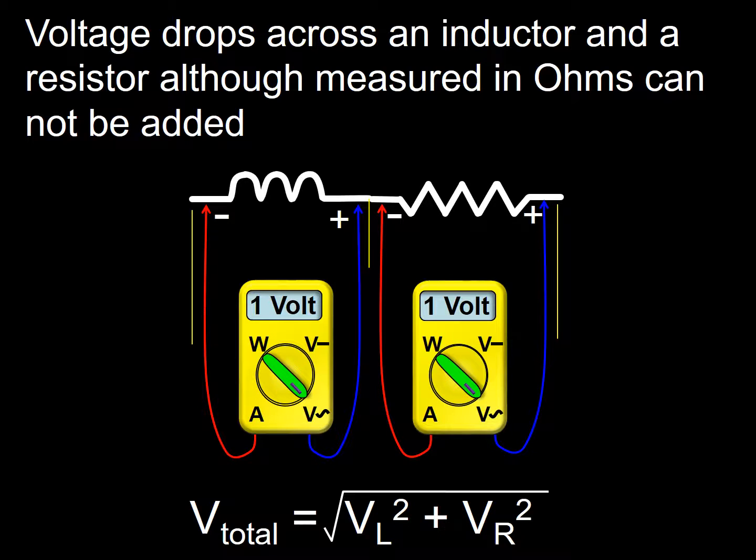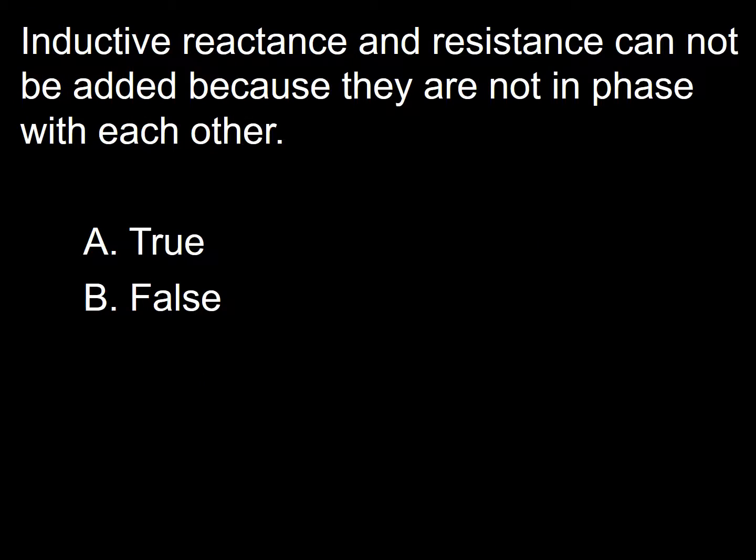They are subject to a significant mathematical manipulation. What is important is the fact that, as I just previously established, they cannot be added because they occurred in a different time sequence. So the answer to this question is true.